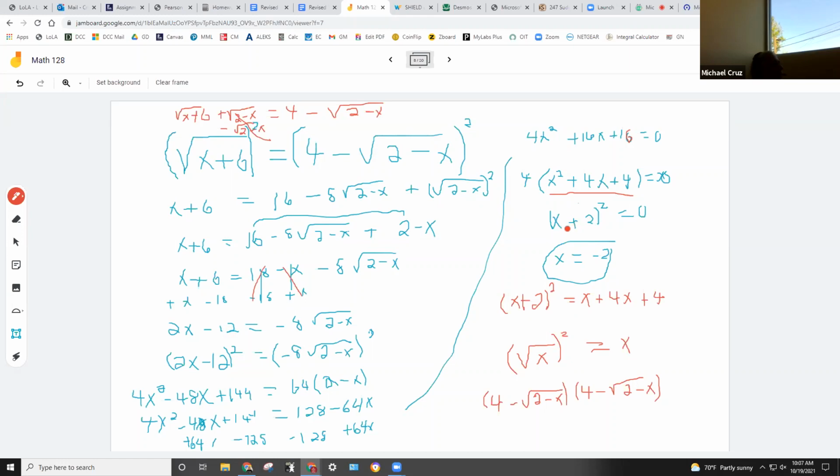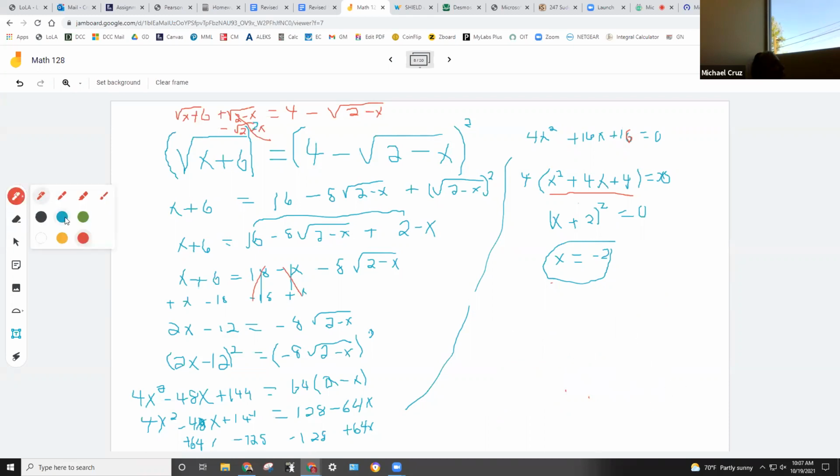So then setting both of these, let me erase this. This was just fill-in work, but any way you do it, you're going to end up with one solution of x is equal to negative 2.